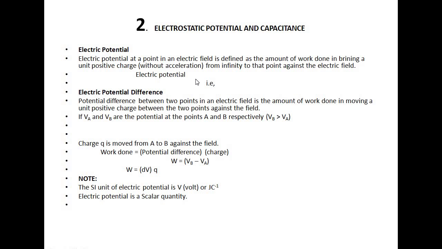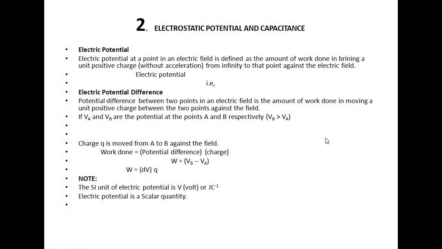Similarly, the potential difference. Look at the figure in the note, students. Potential difference between the 2 points in the electric field is the amount of work done in moving a unit positive charge between the 2 points against the electric field.